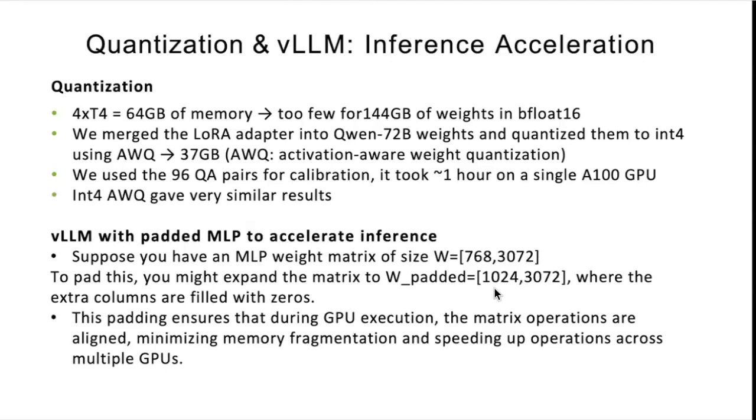For example, if it's a length of 768 rows of the matrix, you want to pad it to the nearest power of 2, which is 1024. And all the extra columns are filled with zeros.